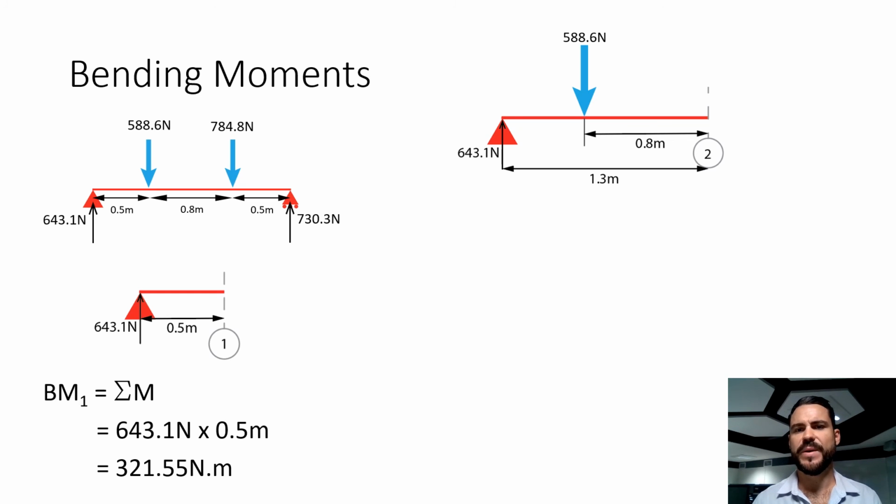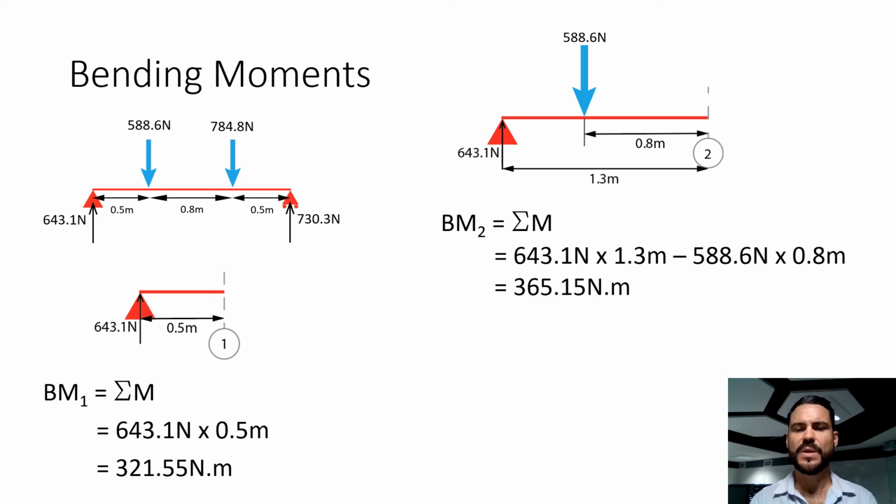So for our second bending moment, it then looks like this. Sum of moments equals 643.1 newtons multiplied by 1.3, because that's our total distance, minus 588.6, and this one is multiplied by 0.8 meters. Okay, punch that into your calculator, and that gives you your result.